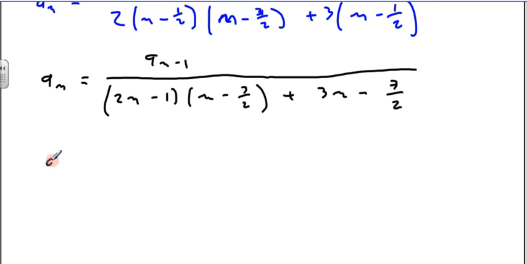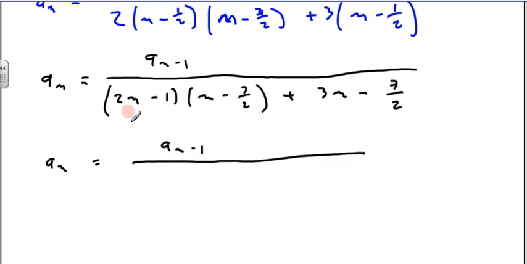Okay. And a_n is going to be a_(n minus 1). I've got 2n squared, I've got minus 3 minus 4n minus 4n plus 3n, making it minus 1n, minus n.